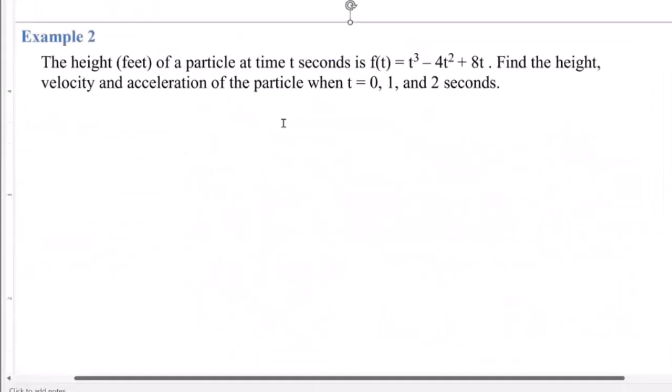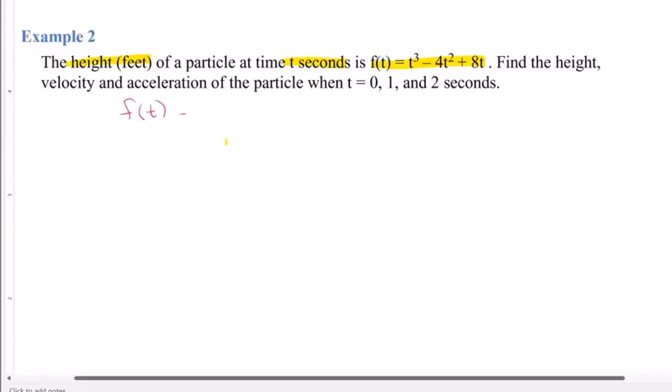So example 2, the height of a particle at time t seconds. So the height in feet of a particle at time t seconds is this function right here. This f of t is equal to the height, and the units we're going to use are feet.